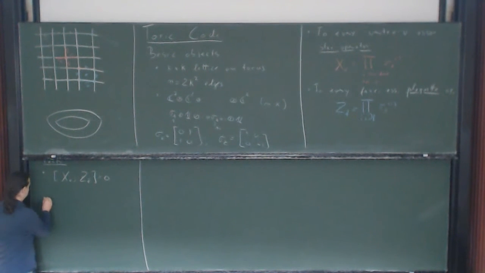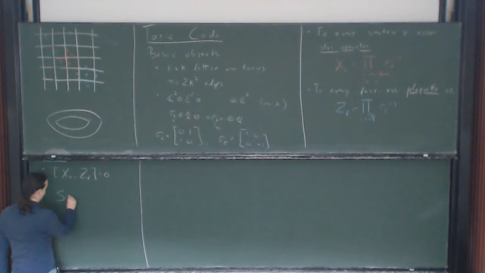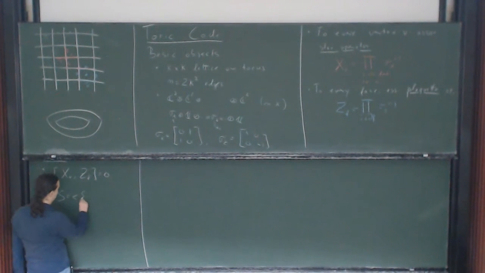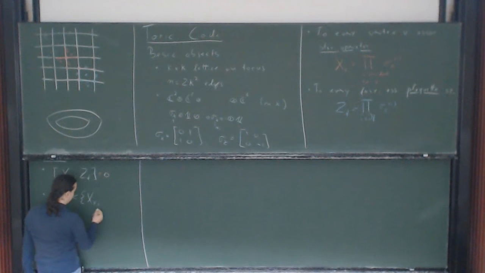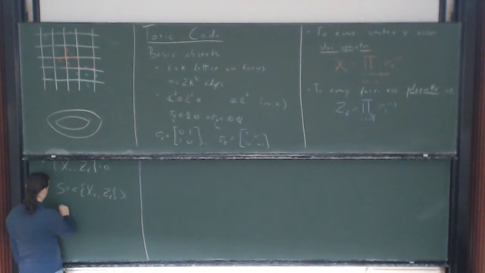Okay. So that means that these operators generate an abelian group, and this will be very important. So S will be the abelian group generated by all stars and all plaquettes. Yeah. We will analyze this group.